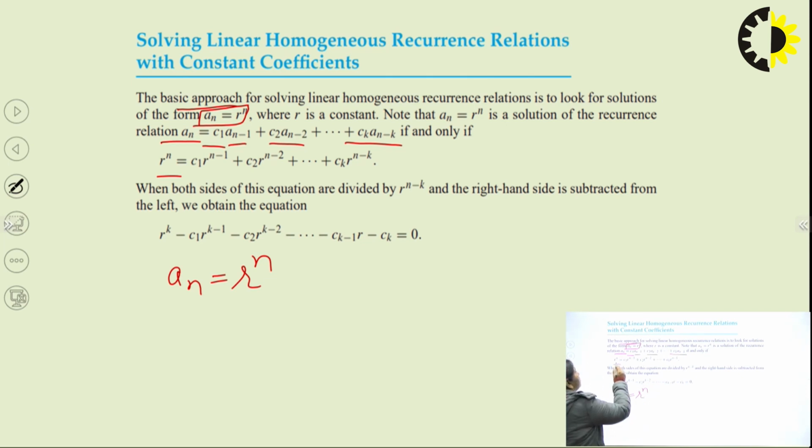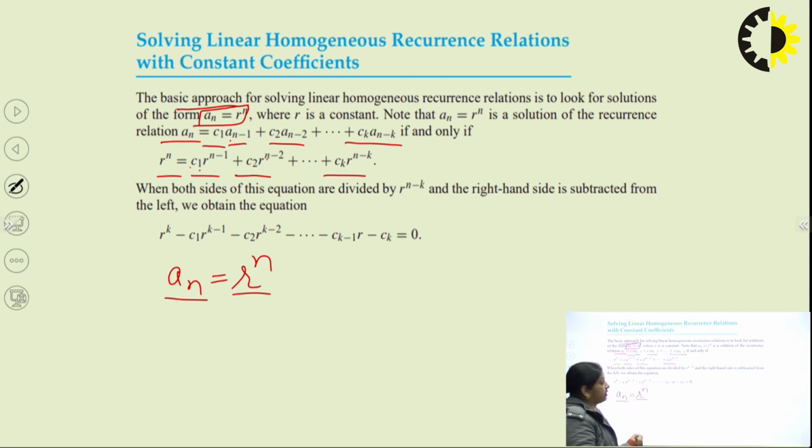It means r to the power n is equal to C1 r to the power n minus 1 plus C2 r to the power n minus 2 and so on, up to the kth term, Ck into r to the power n minus k. So, what we have done is, in place of an minus 1 or an minus 2, we have put the assumed solution that an is equal to r to the power n.